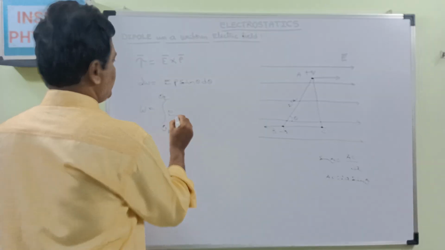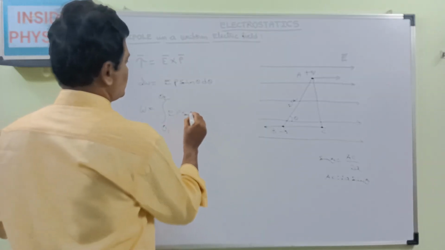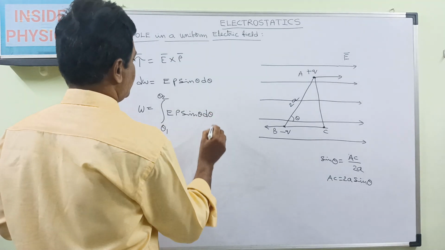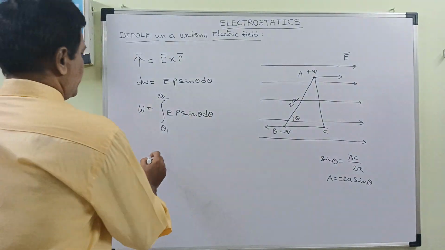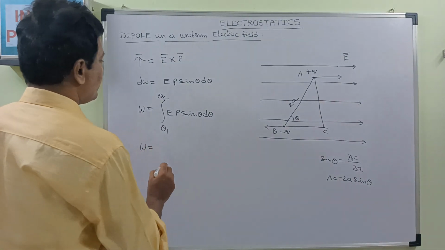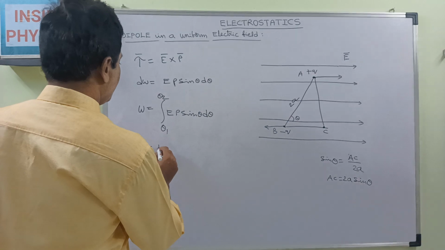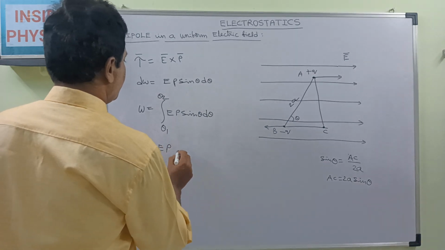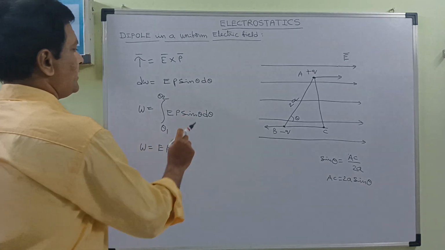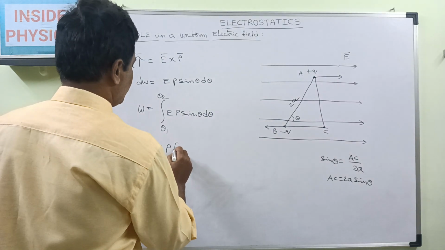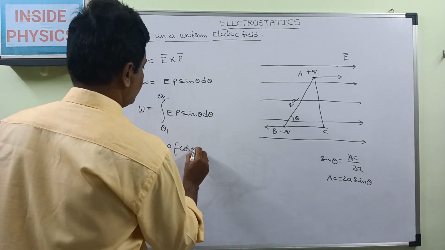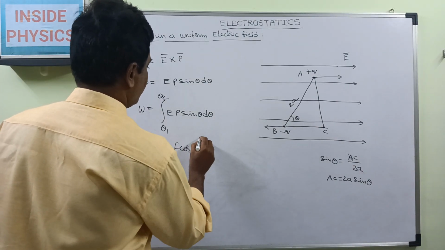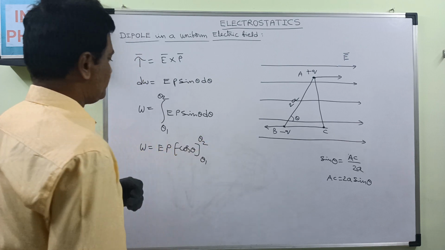So here EP sin theta d theta. So here work done will be EP, the integration of sin theta is minus cos theta between the limits theta 1 and theta 2.